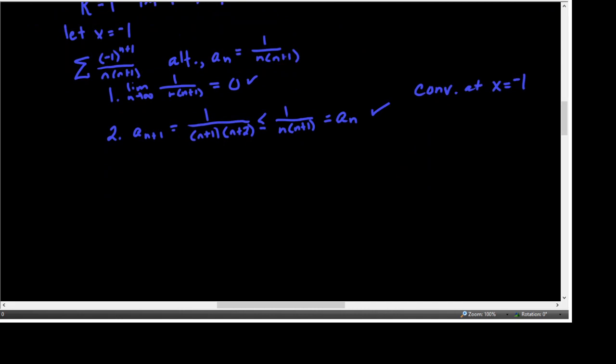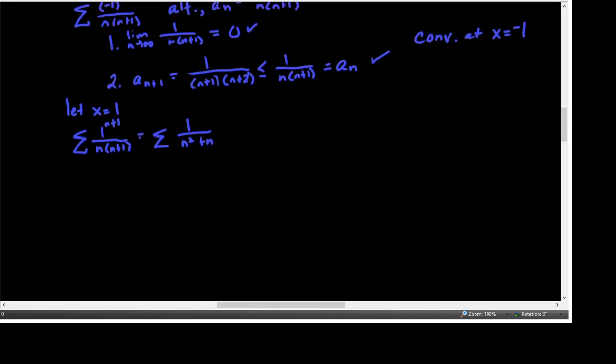Then let x equal +1. So our series will become 1 to the n plus 1, which is 1, over n times n plus 1, aka, I guess I could write this as 1 to the n plus 1, because I'm going to simplify anyway. That simplifies to be just plain 1 over n squared plus n.